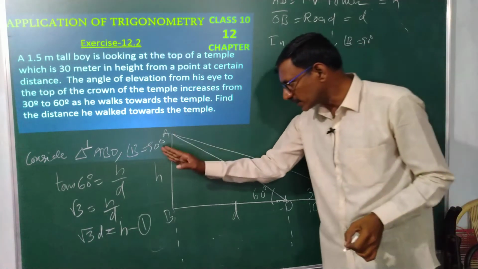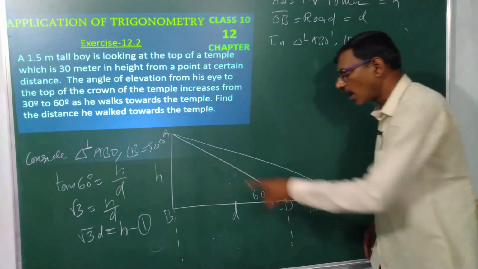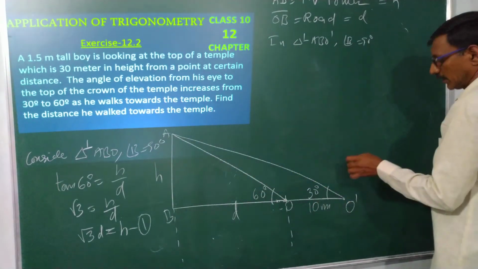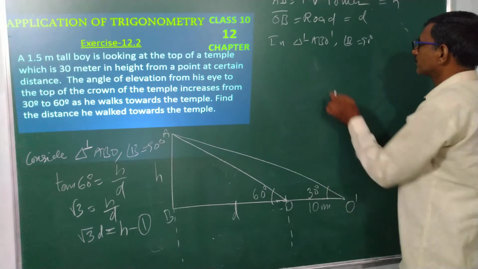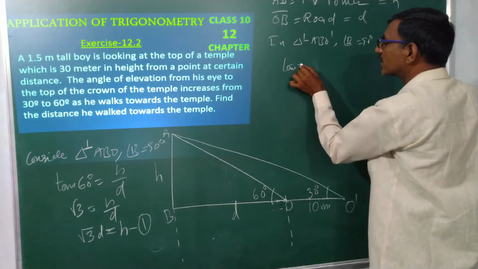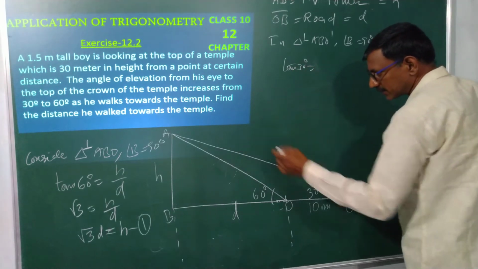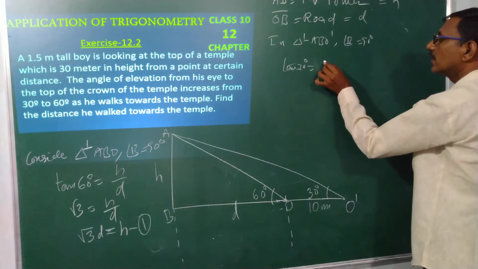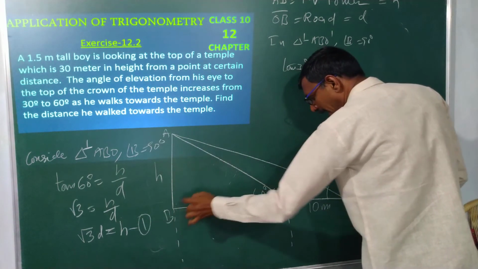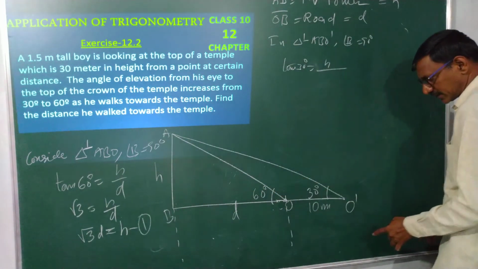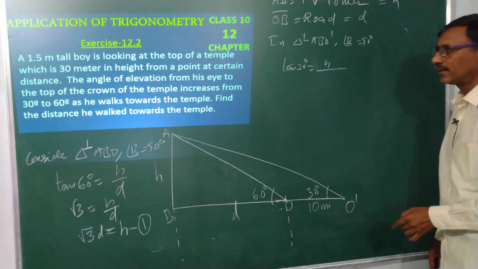Again, opposite side by adjacent side, with respect to 30 degrees. So tan 30 degrees is equal to opposite side h and my adjacent side is OB dash. OB dash is nothing but d plus 10.